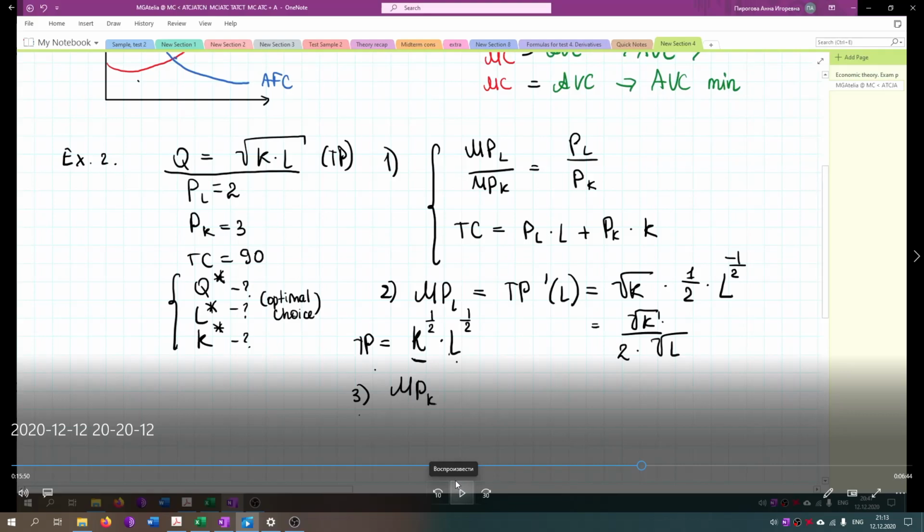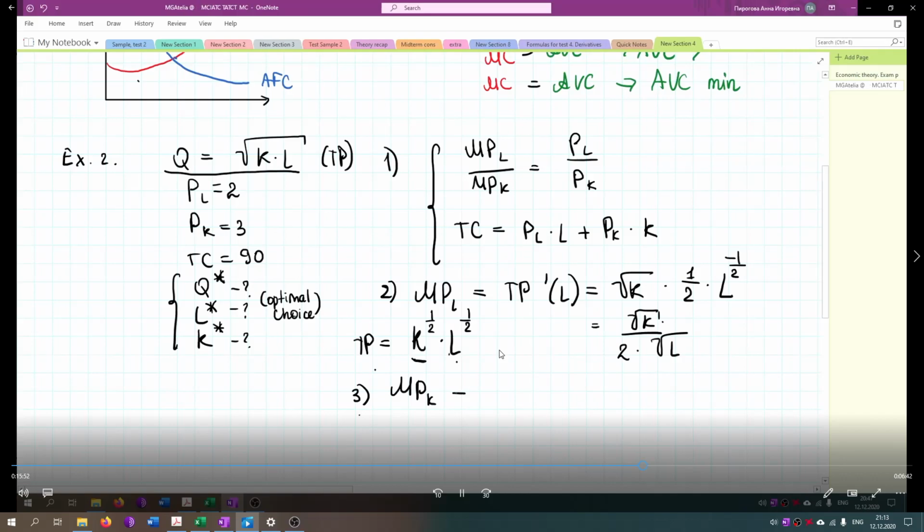And now let's talk about marginal product of capital. How do we find it? It is again the derivative of total product, by capital in our case. We take our capital as a variable, and labor now is constant, it is fixed. So that is why the square root of labor comes first.